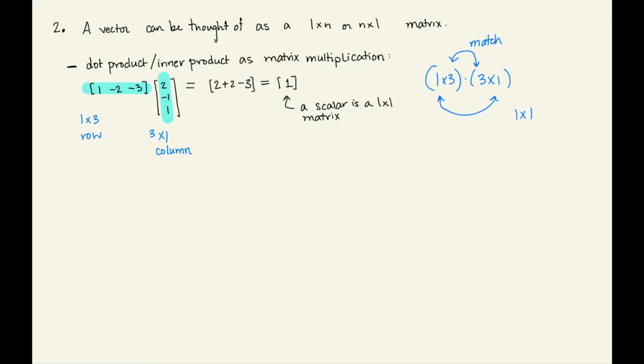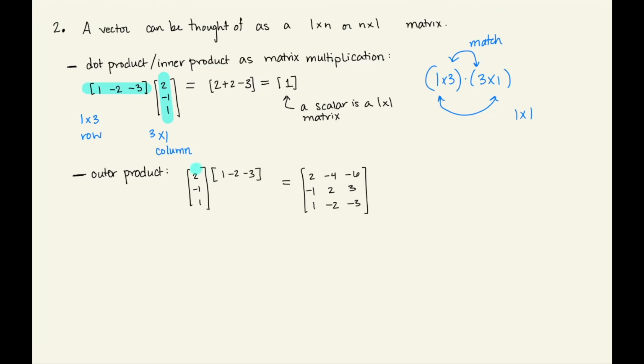But what if I were to flip it around and take a 3 by 1 times a 1 by 3? In this case, I get something very different, something called outer product. In the previous little example, we were doing a dot product, and dot product is also called inner product. Well, if I do it the other way around, it's what's called an outer product.